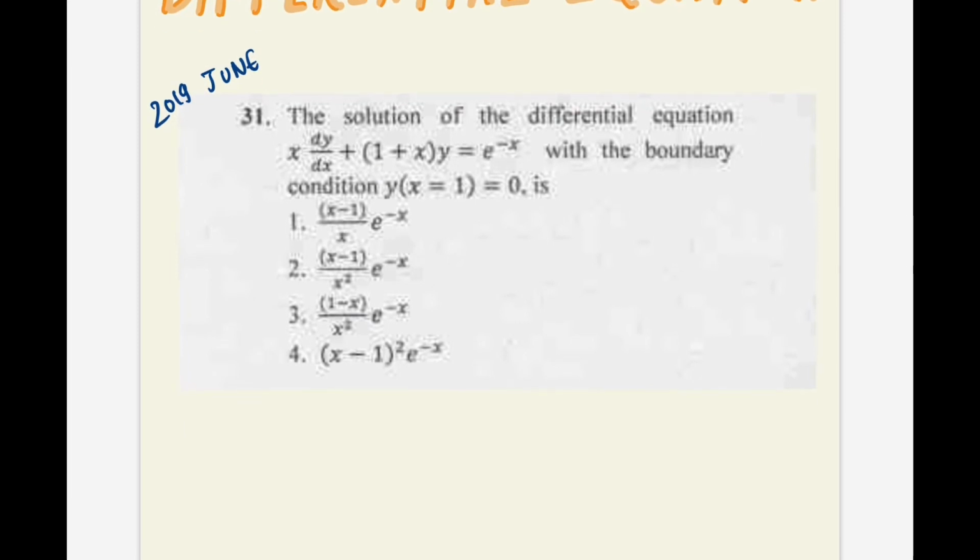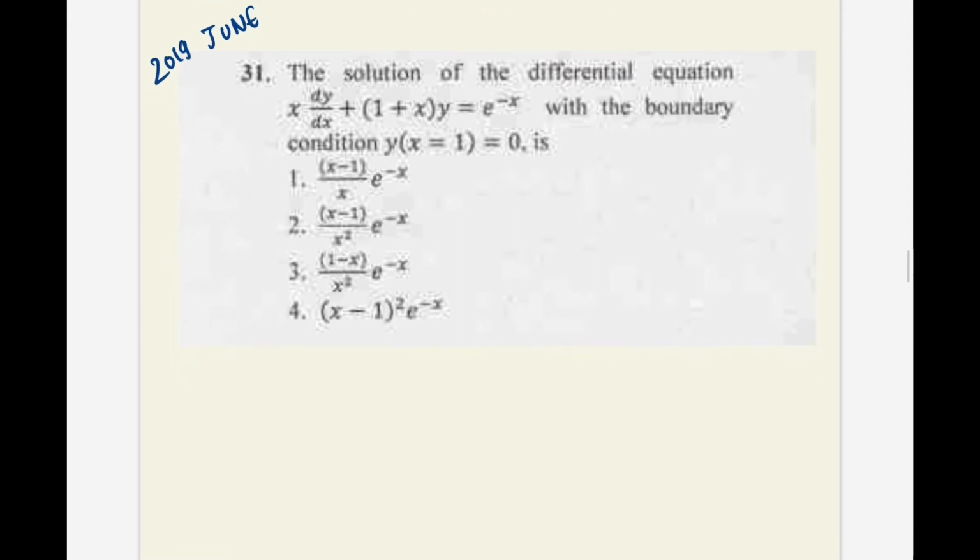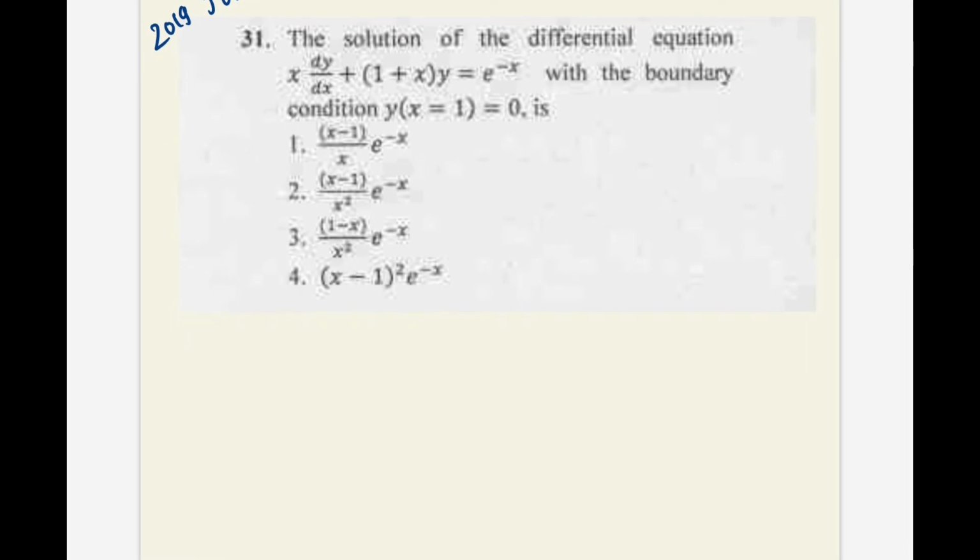It reads: the solution of the differential equation x dy/dx plus 1 plus x y equals e to the power minus x, with the boundary condition y at x equals 1 is equal to 0. We will solve this with a little manipulation.